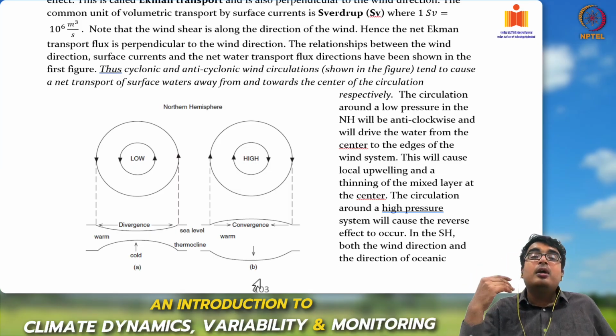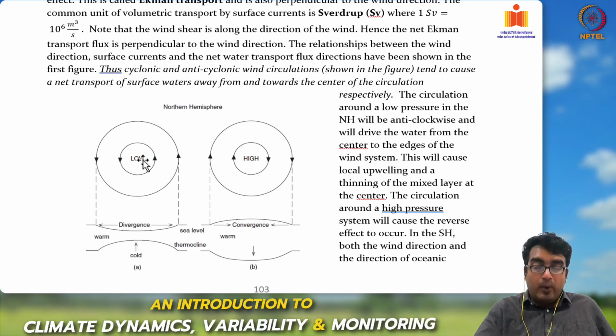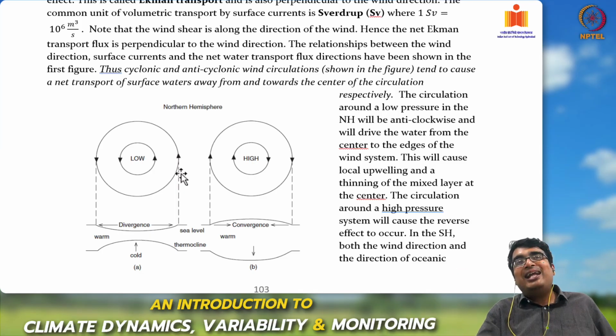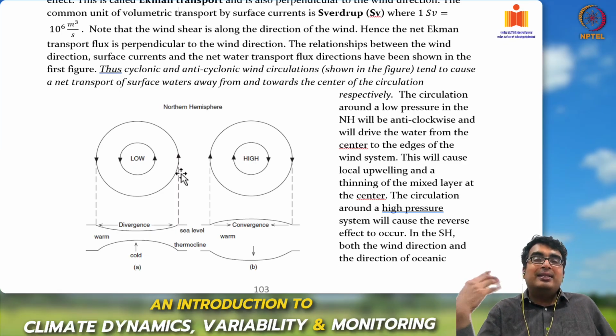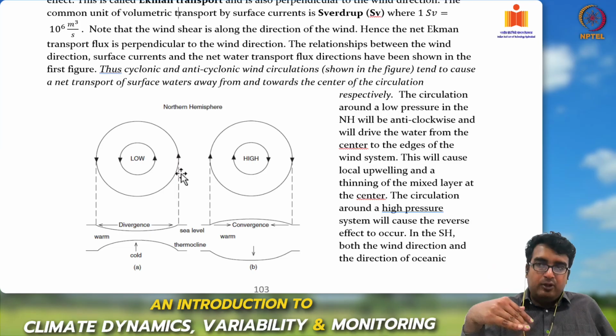Okay. Note, in the southern hemisphere, the low pressure will be clockwise directed. So in the southern hemisphere, low pressure will be in the clockwise direction, but the Ekman direction is also going to switch. So in the southern hemisphere, the surface currents are going to the left of the wind. The water transport is going to the left of the wind.